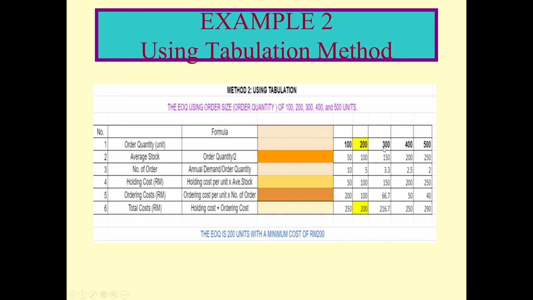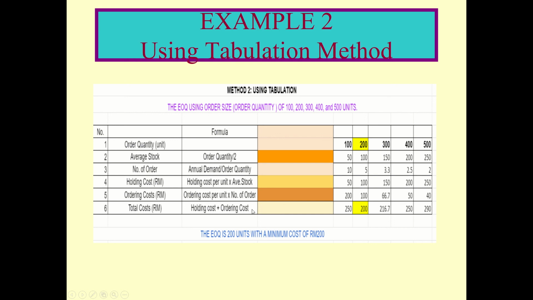And if you order 300 units, the cost will be higher, at 216 ringgit 70 cent. If you order 400 units, the total cost also will be much higher, rather than ordering 200 units, which minimizes your total cost at 200 ringgit.